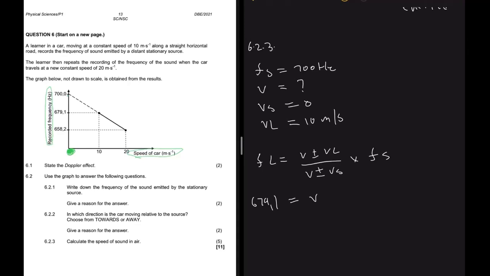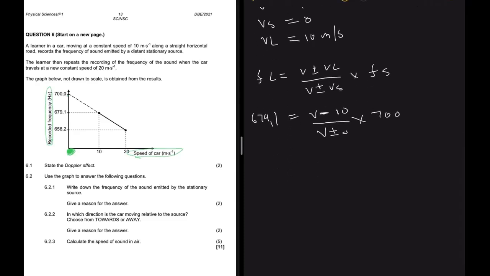Because the listener is moving away, we're supposed to have a minus on the numerator. If it was moving towards, then we would have a plus. So we have v minus 10, divided by v, since the source is stationary so we have plus or minus 0, multiplied by the frequency of source, which is 700 Hz.